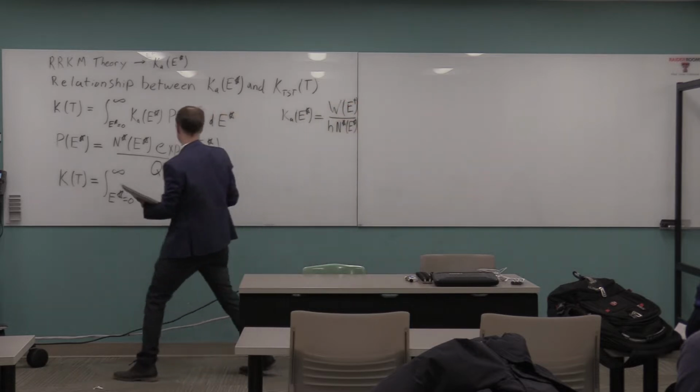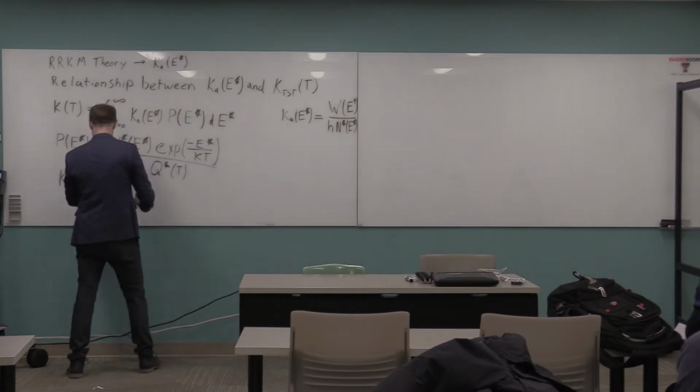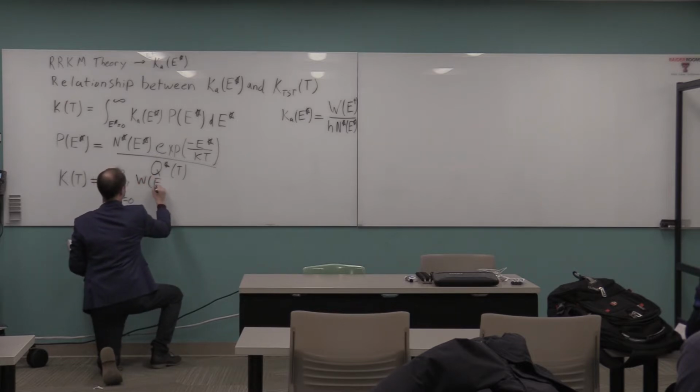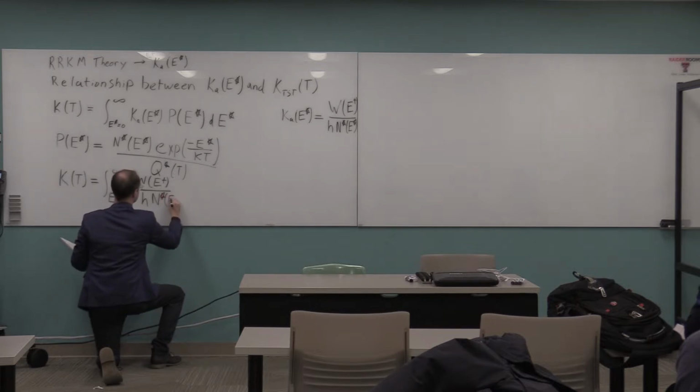Okay, so we're going to plug that in for Ka here. So we're going to get W of E plus over H times the density of reactant states.